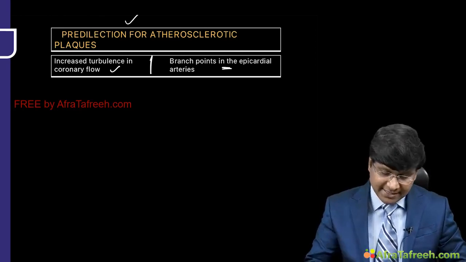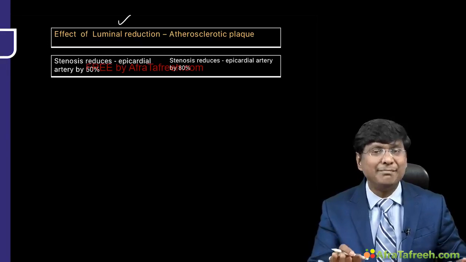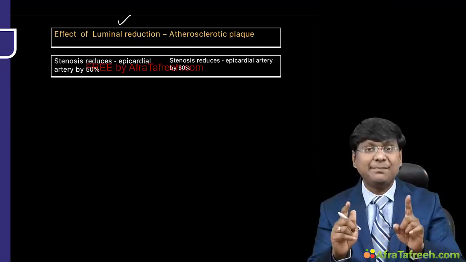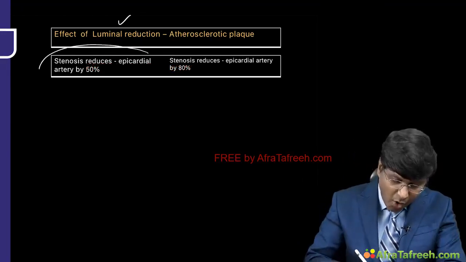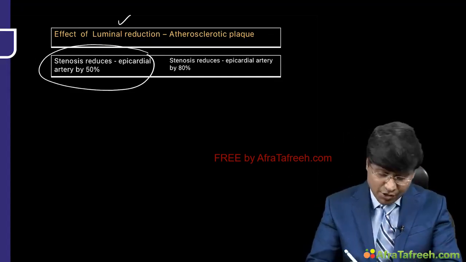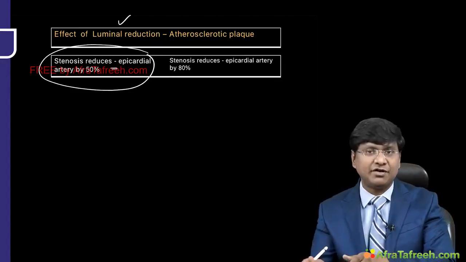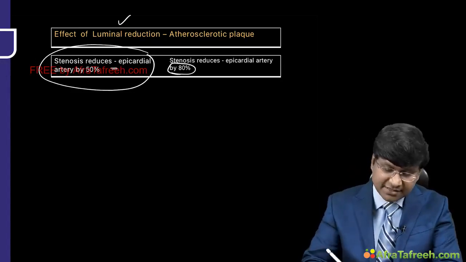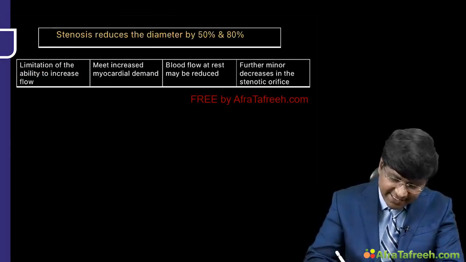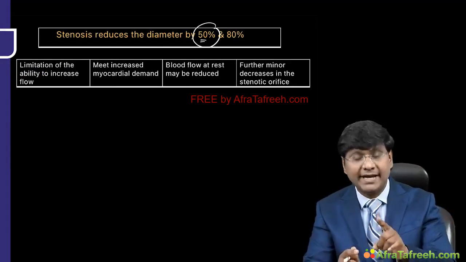Okay, next. Now, whenever there is decrease in the luminal size because of atherosclerosis, what will be the effect? See, the effect completely depends upon how much of the epicardial coronary artery is being stenosed. Okay, so if stenosis reduces the epicardial coronary artery by 50%, you have a set of manifestations, and if it reduces by 80%, you have a set of manifestations. Now, let us discuss what happens if the epicardial coronary artery is reduced by 50%.